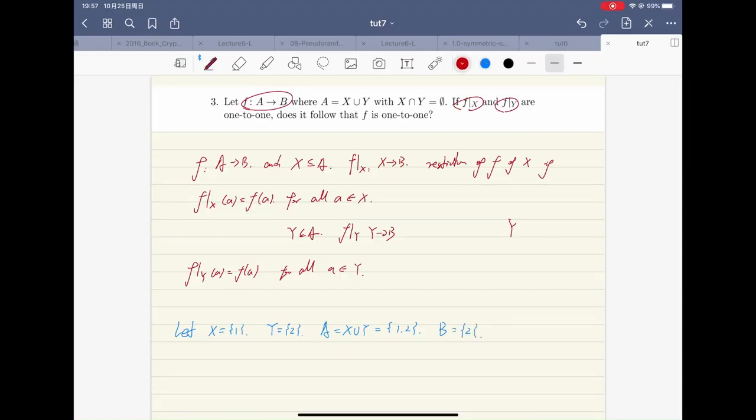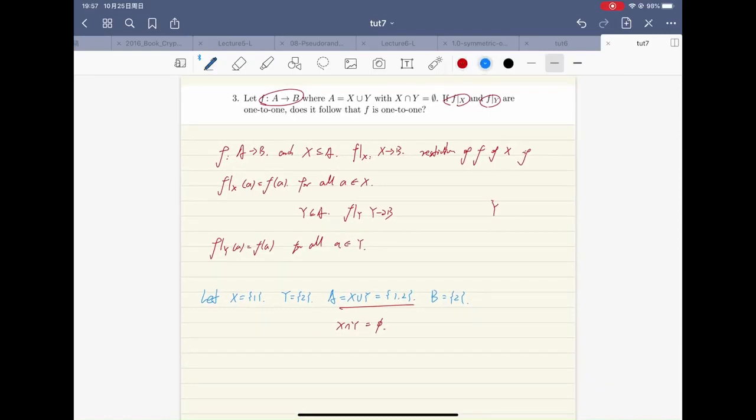And here we can verify that X intersect Y is the empty set. Then the graph of f should be {(1, 2), (2, 2)}, because 1 must map to 2, and 2 must map to 2. We have (1, 2) and (2, 2) here.